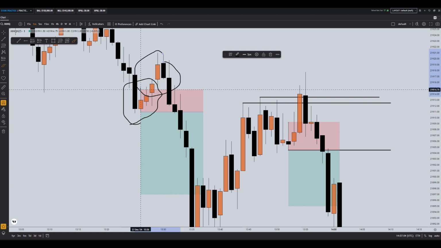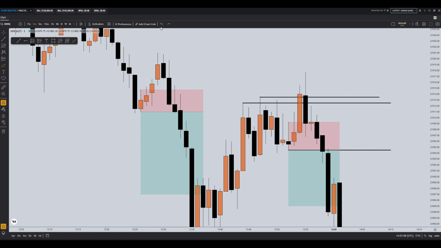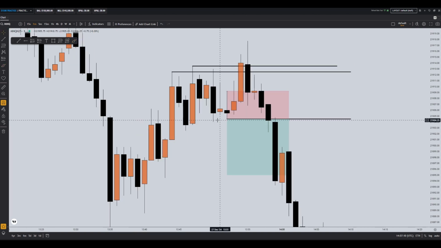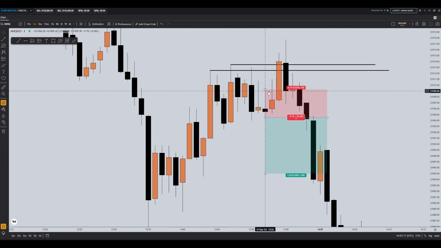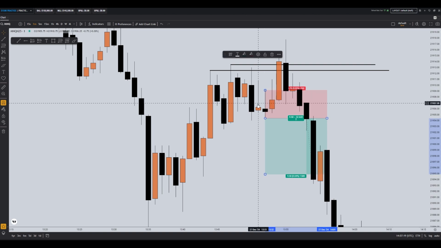You're only accounting for half of this range, which is not really that effective, is it? You're not going to win a lot of trades if your stop loss is half the range in a small range like this.